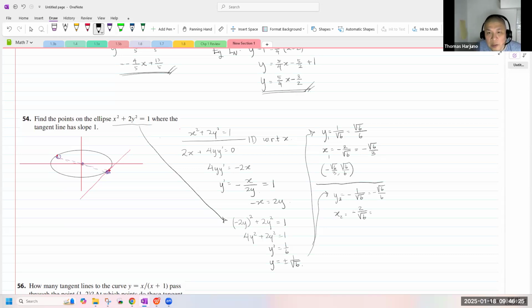This now becomes plus, which is square root of 6 over 3. They are the opposites. Those are the points that have the tangent line slope equal to 1.